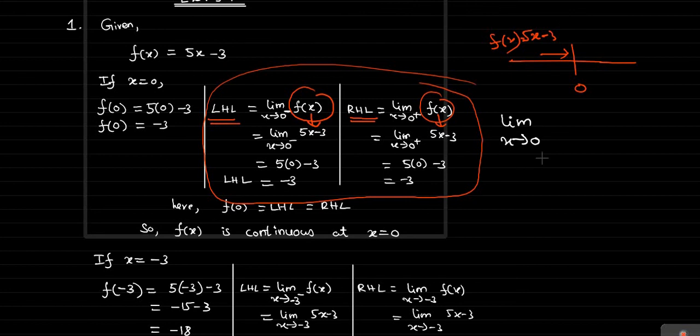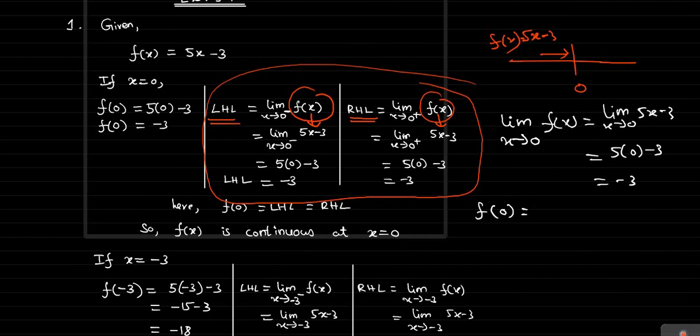Now limit x approaches 0, f of x is 5x minus 3. When we apply the limit, 5 times 0 minus 3, the result is minus 3. So instead of writing the left-hand limit and right-hand limit separately, we can write it this way. And again the f of 0 value and limit x approaching 0 of f of x are the same. So f of x is continuous at x equal to 0, we can conclude.